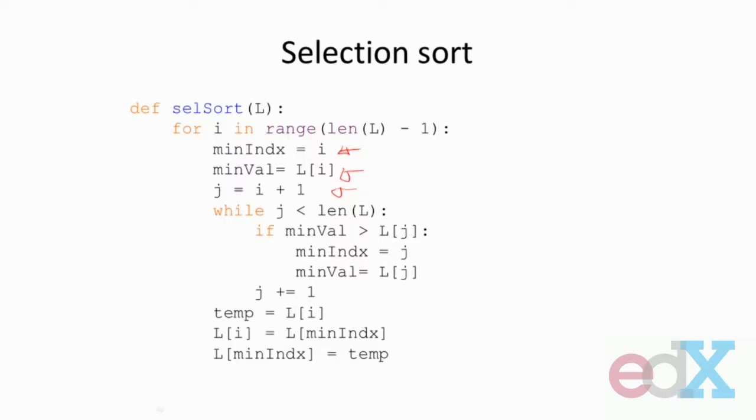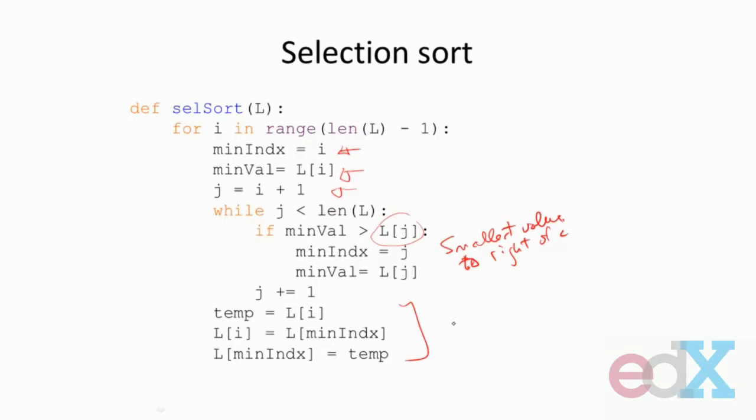If the value right here at j is smaller than the smallest thing I've seen so far, which includes the thing I'm about to swap with initially, then I just change those things. So this basically says, find the smallest value to the right of i. Okay? And when I've done that, I'm going to run through that entire loop.